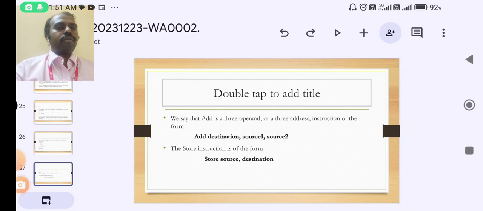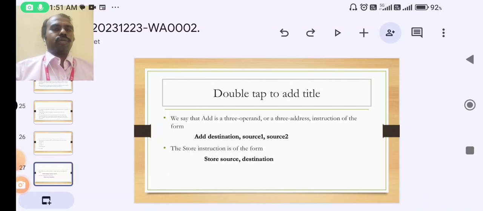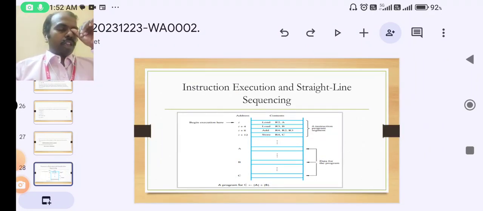So here we have already seen that add is a 3 operand, 3 address instruction form: add destination comma source 1 comma source 2, and store is source comma destination. So this is how the instruction execution and sequencing will work.